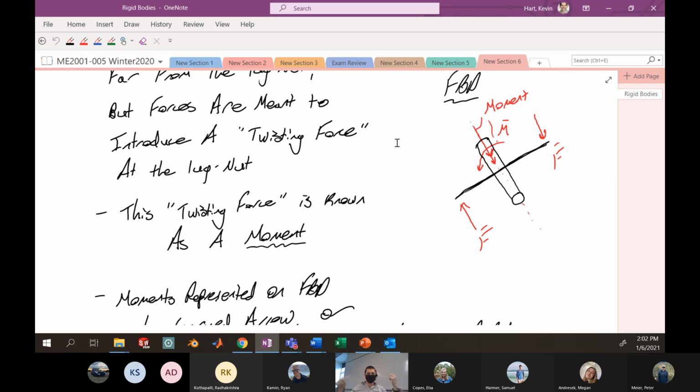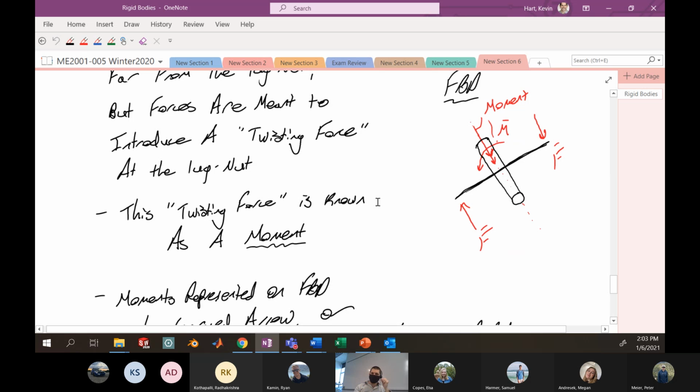So there's some relationship between the distance that you are on the width of the wrench there, or you could just increase the force at which you apply on the wrench, and that would give you an additional torque or an additional moment on that nut as well. So there has to be some relationship between distance away from the lug nut and the amount of force that you're going to apply. And there is a relationship.